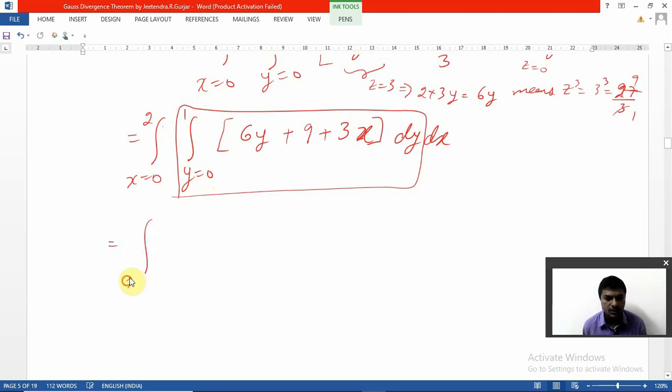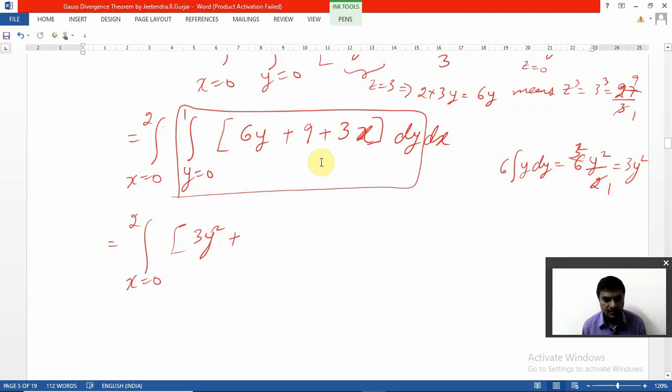This is equal to integration x from 0 to 2. Integration of 6y: 6 is constant, so I'll take 6 outside. Integration of y with respect to y will become 6y square upon 2, which is 3y square.